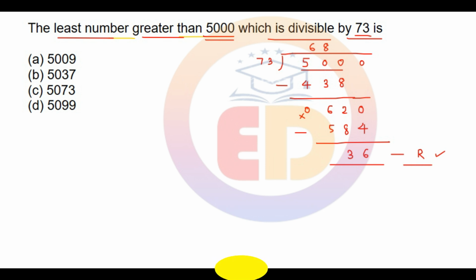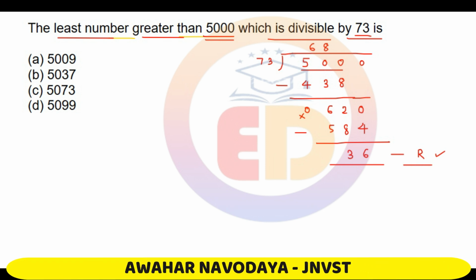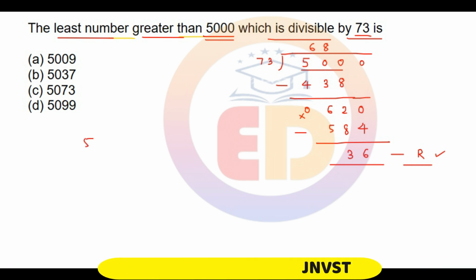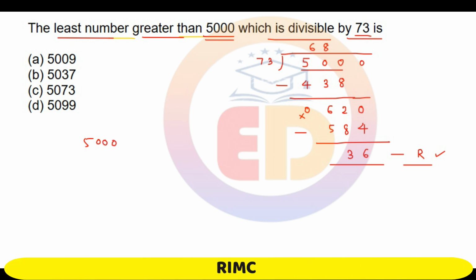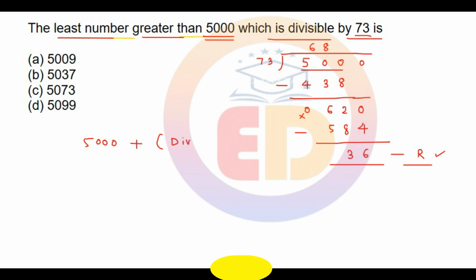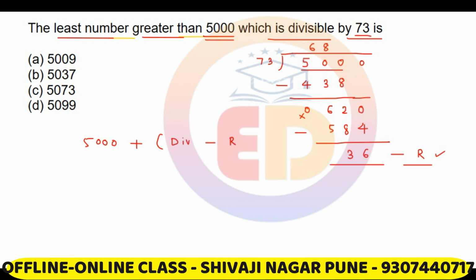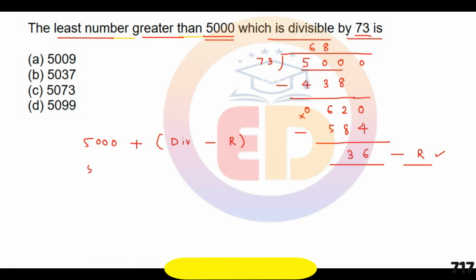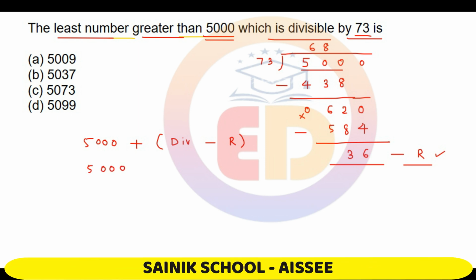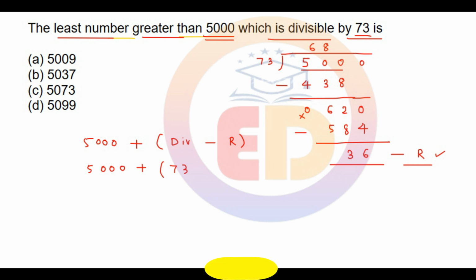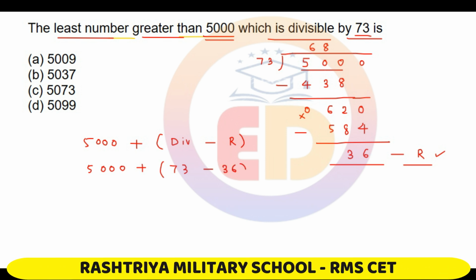After dividing 5000 by 73, I found the remainder. Now what we have to do is take 5000, and on this 5000 I will add divisor minus the remainder. 5000 plus divisor is 73 minus remainder is 36.